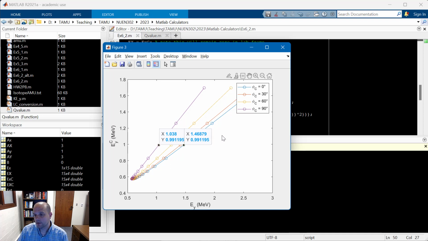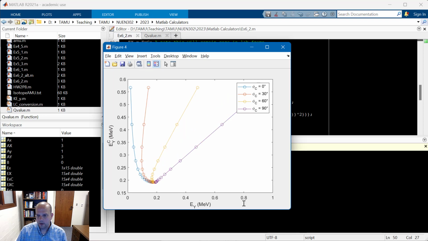So each one of these data points represents a different angle in the center of mass reference frame. And so I'm still seeing that the value of EY in my center of mass reference frame is not dependent on the angle at all. But EY in my lab reference frame is indeed dependent. And so that's why I'm seeing 4 different curves here. As I go to my capital Y, again, I'm seeing 4 different curves there.